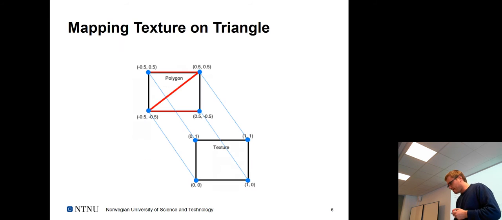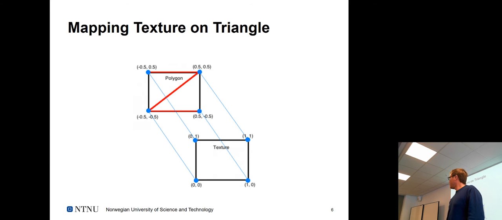And the reason for that is that textures are often well represented in some sort of rectangular format. That's obviously not the only way of specifying them. But when we draw, we tend to use triangles by default, right? It's our preferred way of rendering in OpenGL, at least if we deal with surfaces.